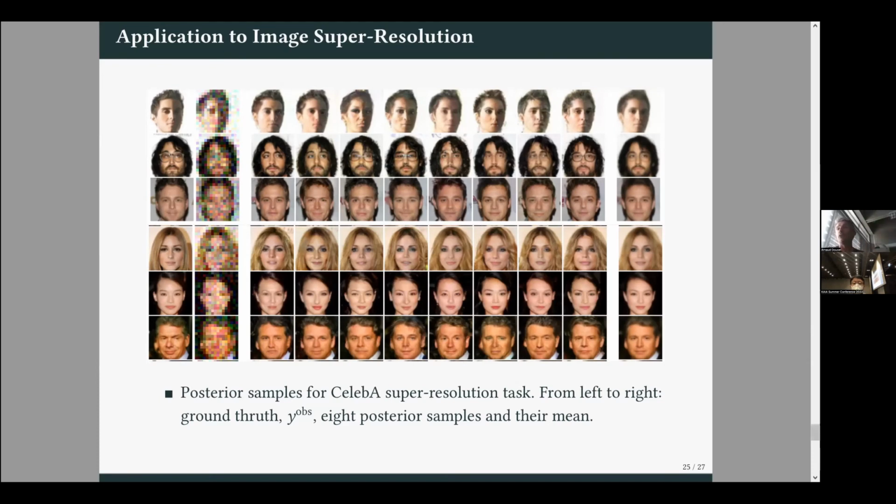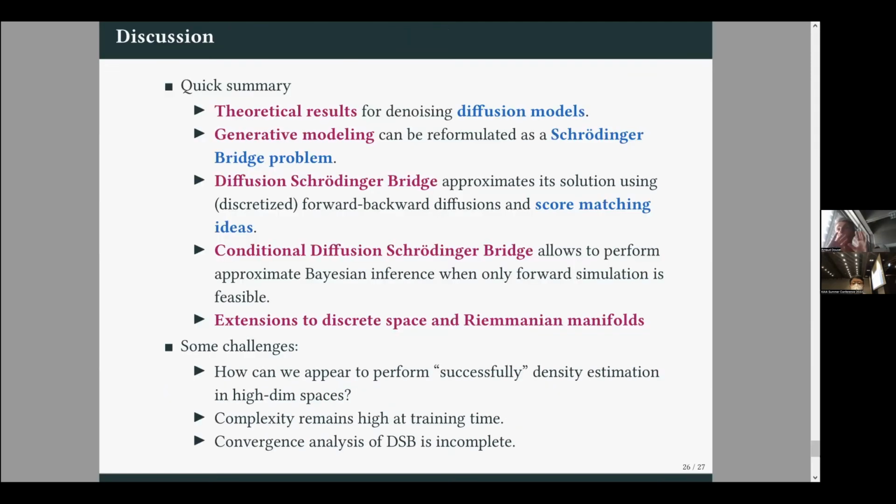So I basically recommend you look at our paper if you're interested in this type of research. Just to finish, there's a lot of interest in these denoising diffusion models. We can show theoretically that, indeed, it's a principled class of techniques. It's possible to speed them up using ideas from optimal transport, namely using Schrodinger bridge type techniques. These techniques can also be extended so as to do conditional simulation, which is, I think, more important in practice than unconditional simulation.